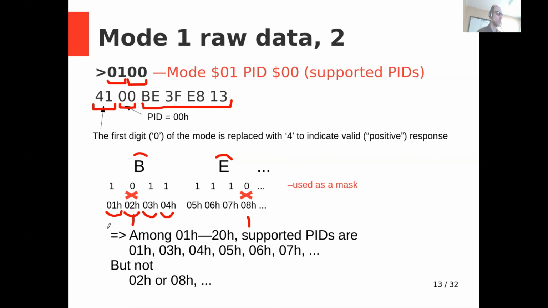So this means for our car, the PIDs 01, 03, 04, 05, 06, 07 are supported, but PIDs 02 and 08 are not. And that's how you interpret this byte BE, and you just do the same thing for other bytes. Convert them into binary.